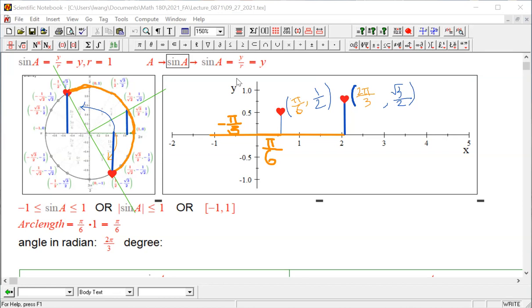So I'm going to copy that blue bar, exactly the same length. So how would you mark this point?